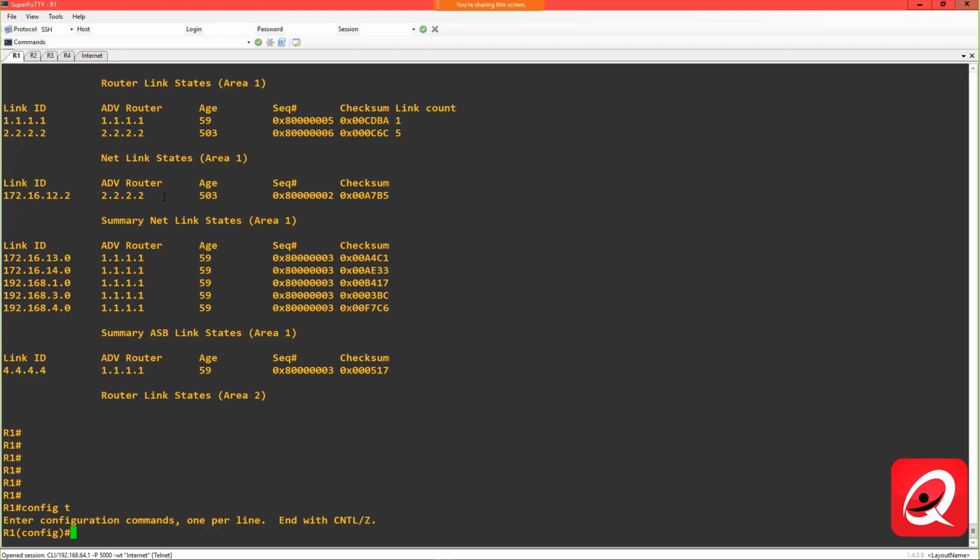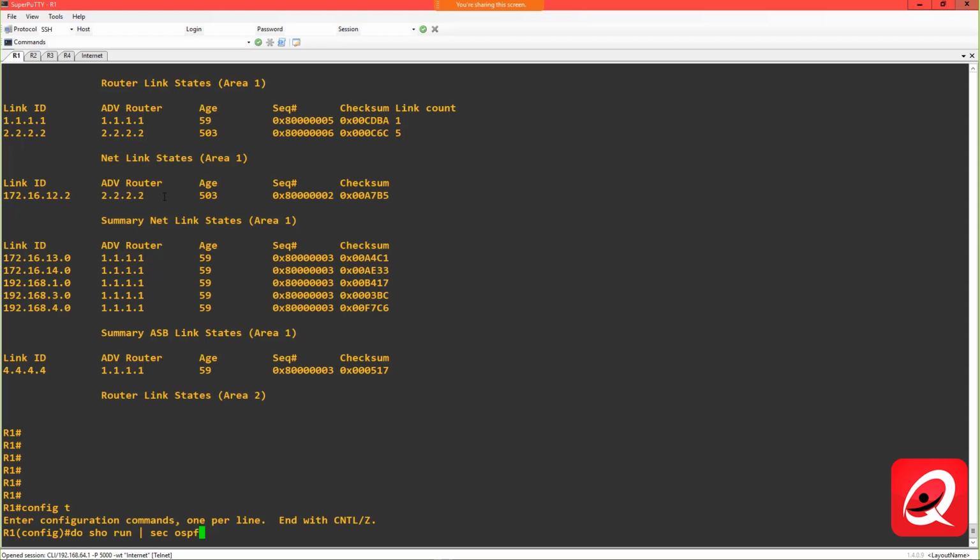We're going to get into later on what special area type configurations look like. But in order for me to generate type 7s, I need to create a special area type. On top of that, I need to make one of those routers in that area redistribute routes into that special area.